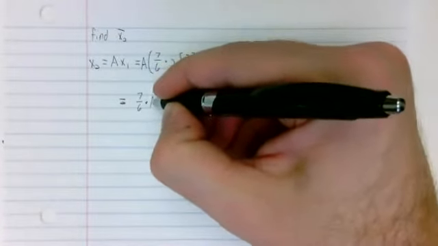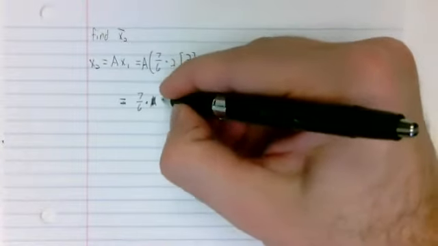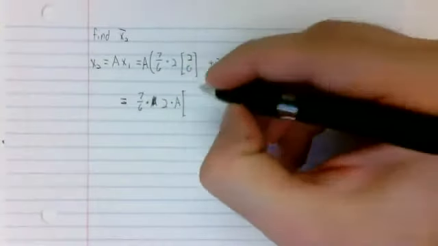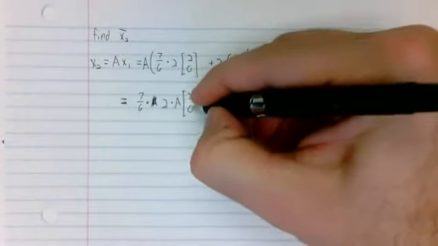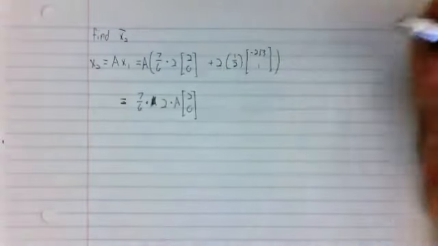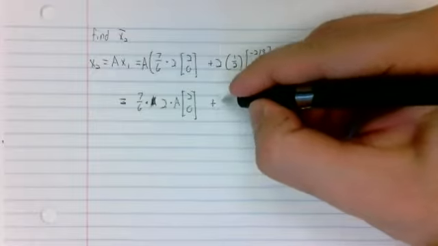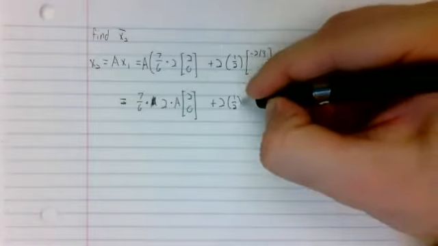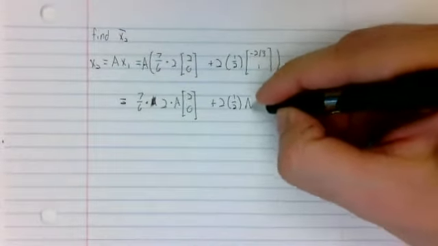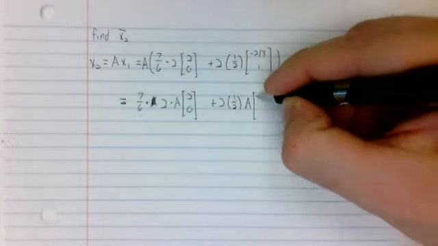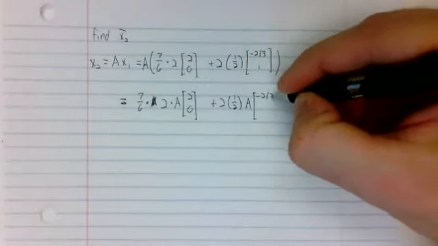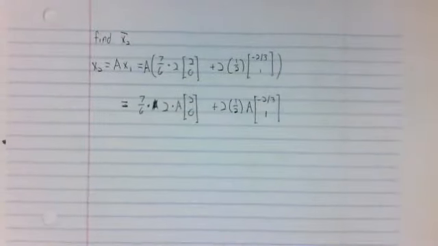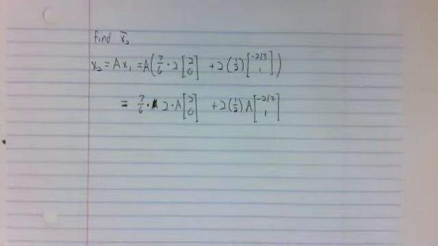So 7/6 times 2 times A times this eigenvector plus 2 times 1/2 times A times this eigenvector.